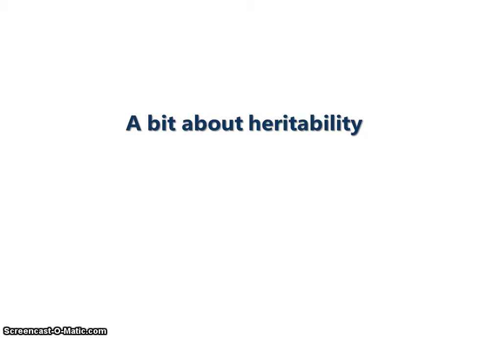So, for example, if you have a population where heritability is essentially 0, that means that all of the phenotypic variation for a certain trait is due only to environmental variation.